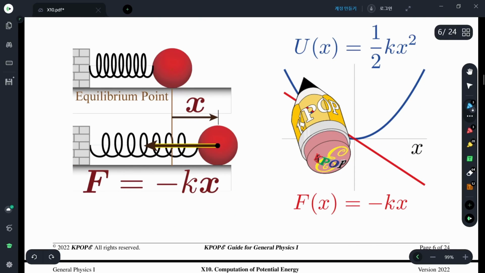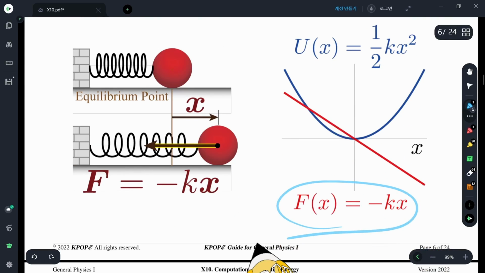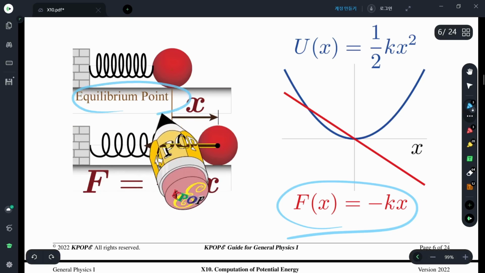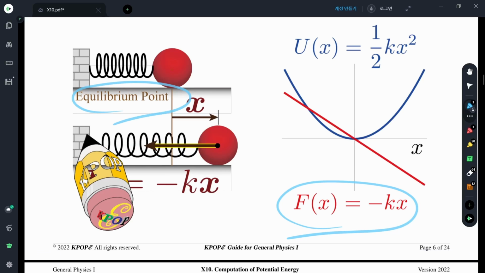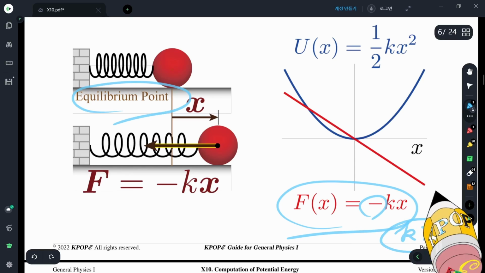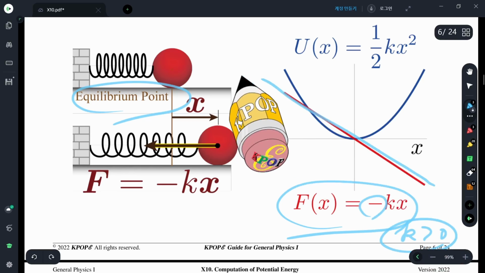So this is the restoring force of a spring. X is the displacement from the equilibrium position. There is a negative sign and k is positive, so the slope is negative.